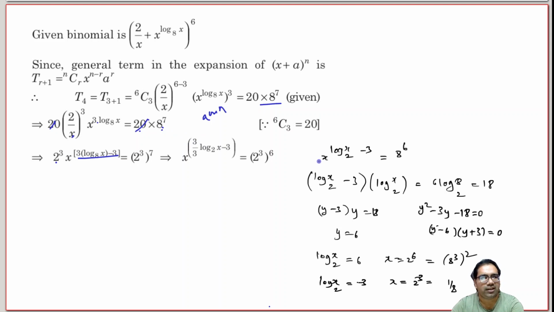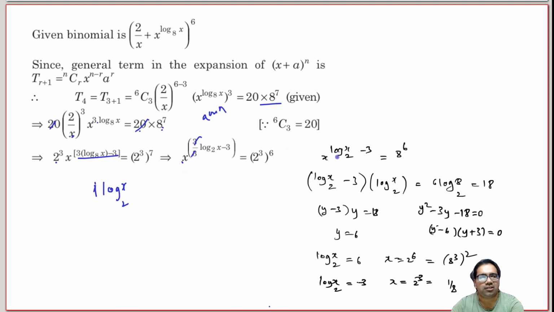So basically we have x^(3 log_8 x), and 8 is 2^3, so this 3 we can bring here, and 3 by 3 we can cancel. We'll be left with x^(log_2 x − 3) equal to 8^6.